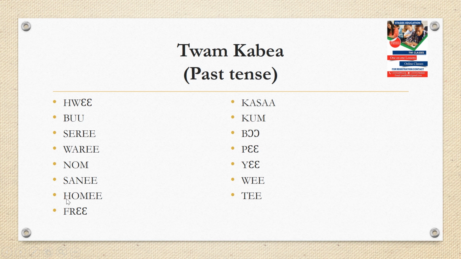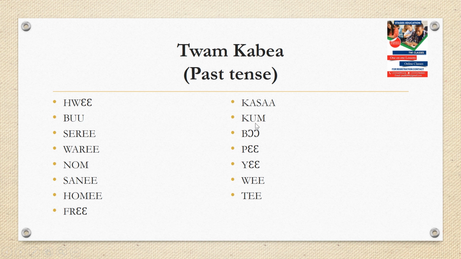Home, which is to rest, becomes home. Frɛ becomes frɛɛ. Kasa. So the present tense is kasa. But if it is in the past, we go with kasa. This ends with a consonant, so we just leave it just as it is.